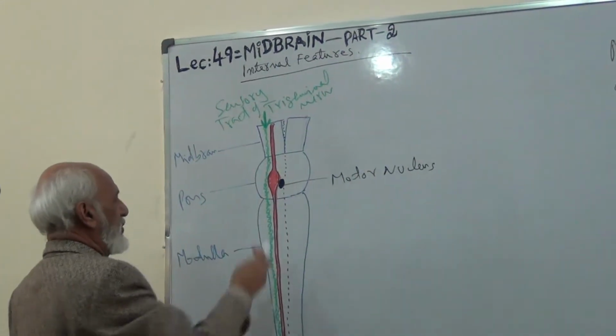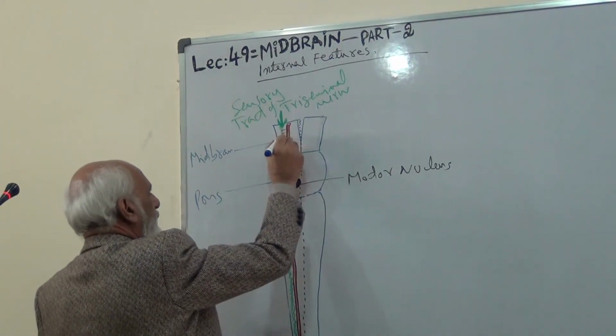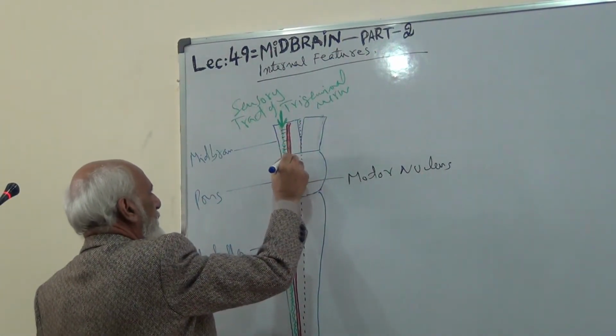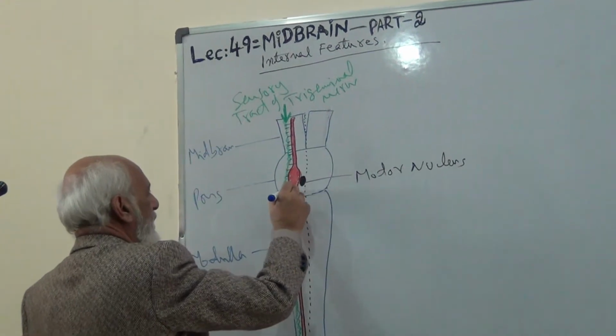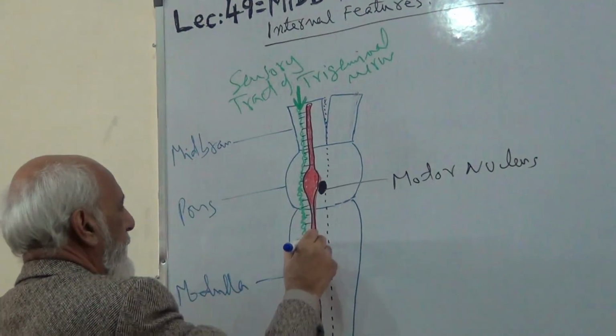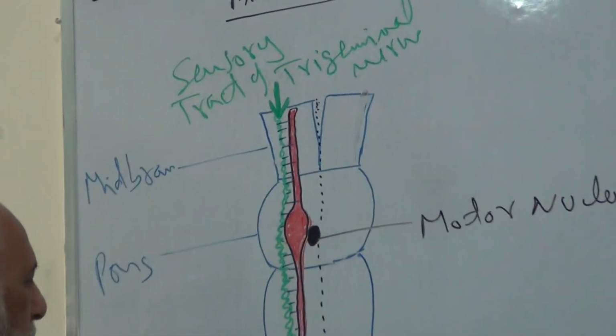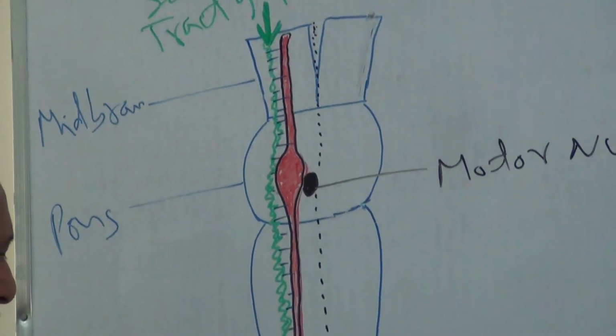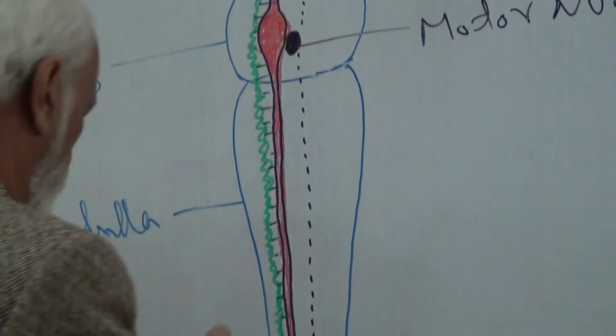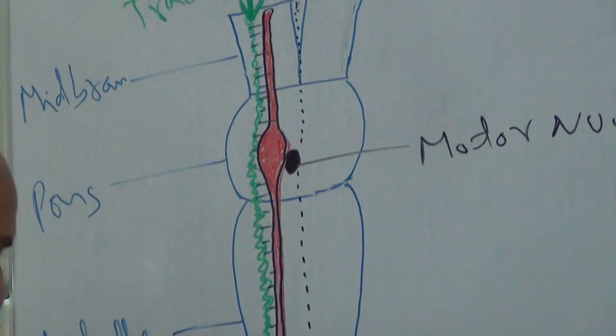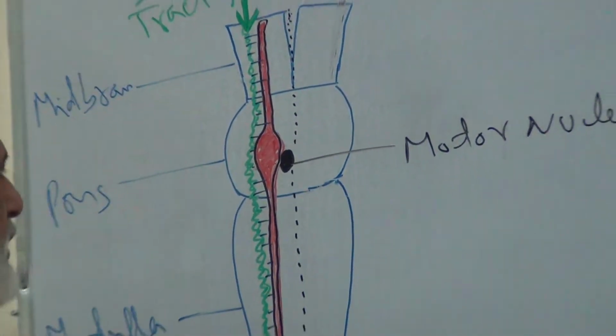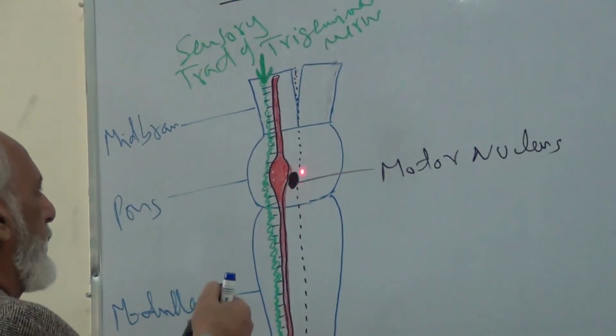From this sensory tract, nerve fibers arise which enter into the different parts of the sensory nucleus of trigeminal nerve. The motor nucleus is confined to the midbrain only.